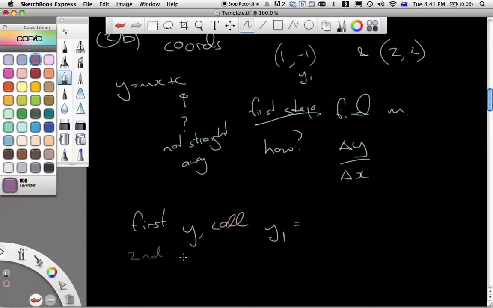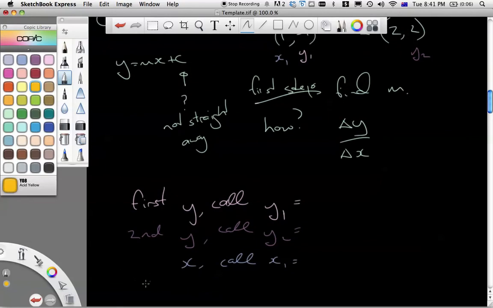Second y, call y2. First x, call x1, equals this one. And our second x, call x2, equals this one.